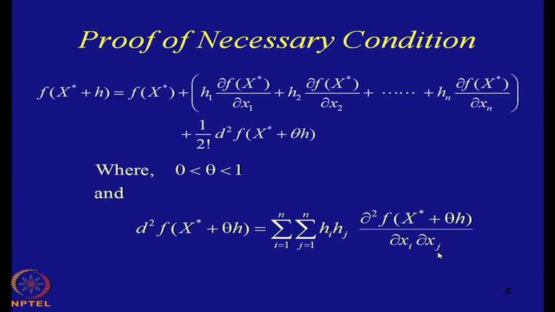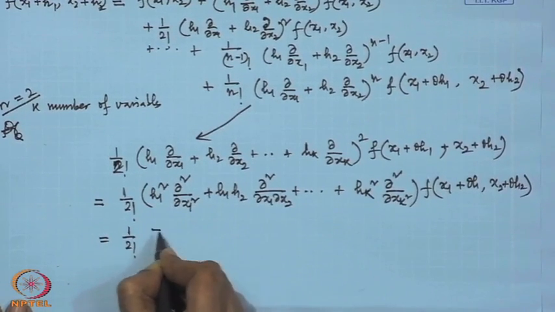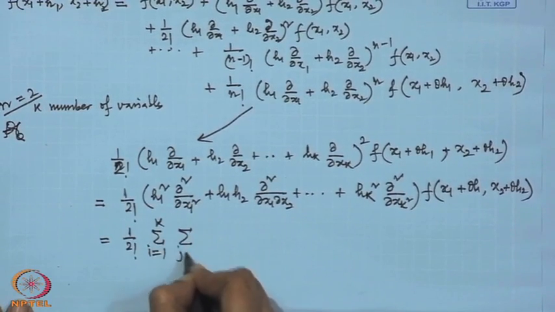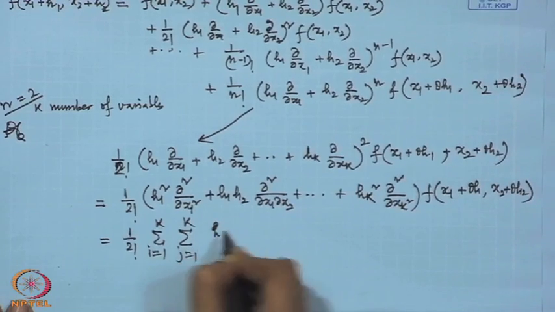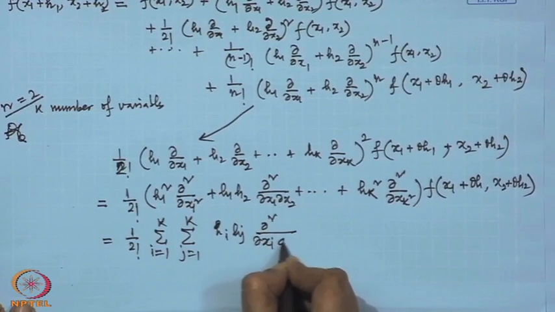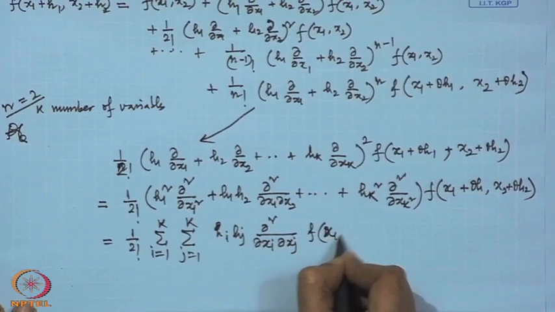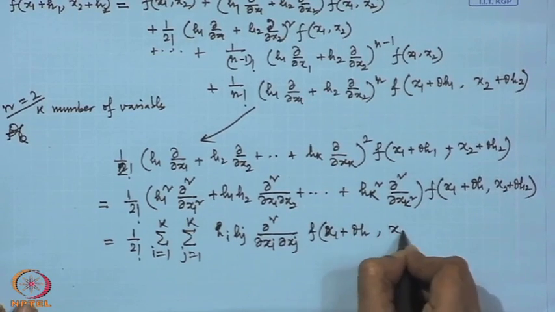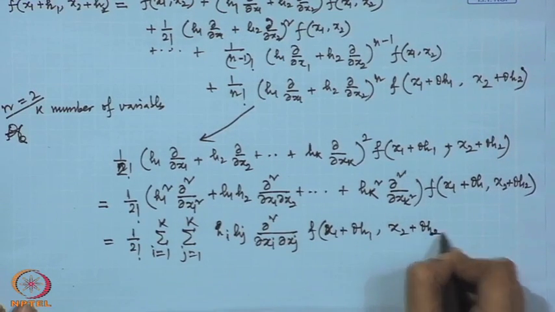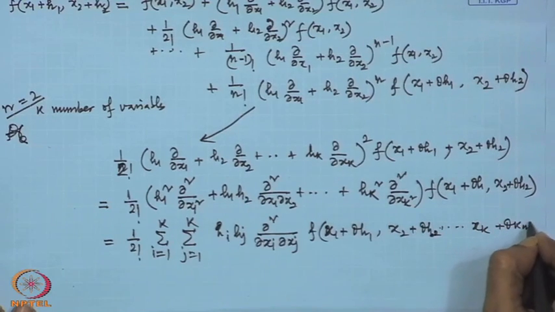The way we have written here, the same thing we can consider as 1 by 2 factorial, summation i equal to 1 to k, j equal to 1 to k, hi hj, del 2 by del xi del xj, and f of x1 plus theta h1, x2 plus theta h2, and since there are k variables, up to xk plus theta hk.